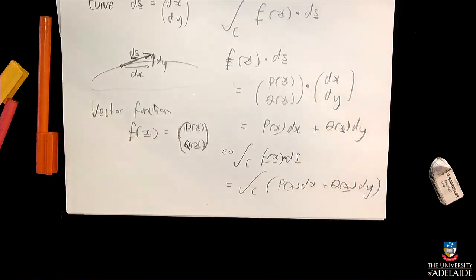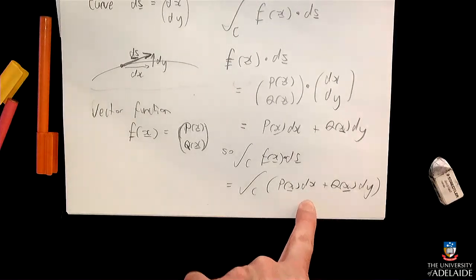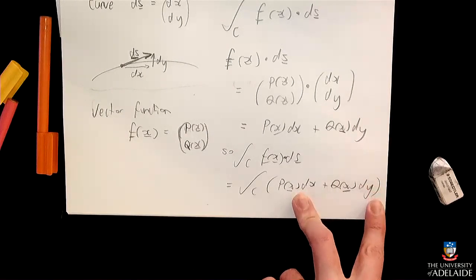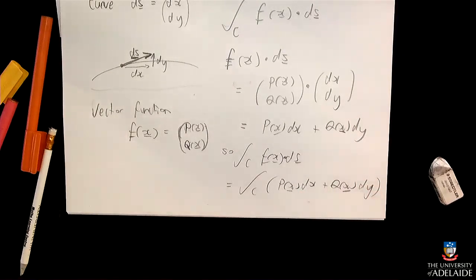And that is exactly the kind of thing that you integrate when you do Green's theorem. Green's theorem has a dx and a dy over here. If I've got it right, I'm going to have to look it up.